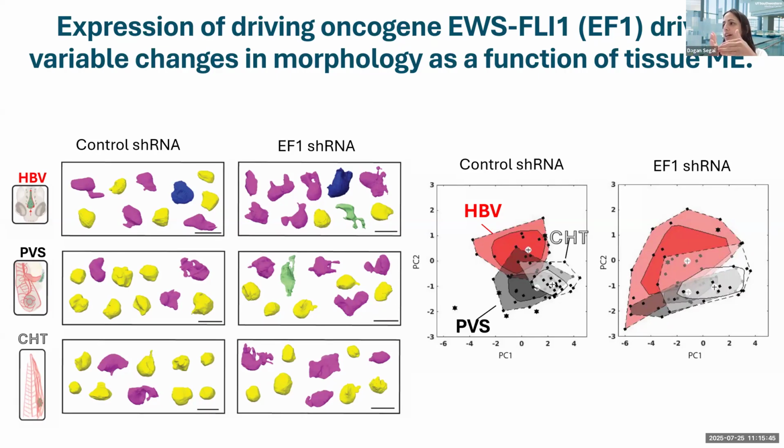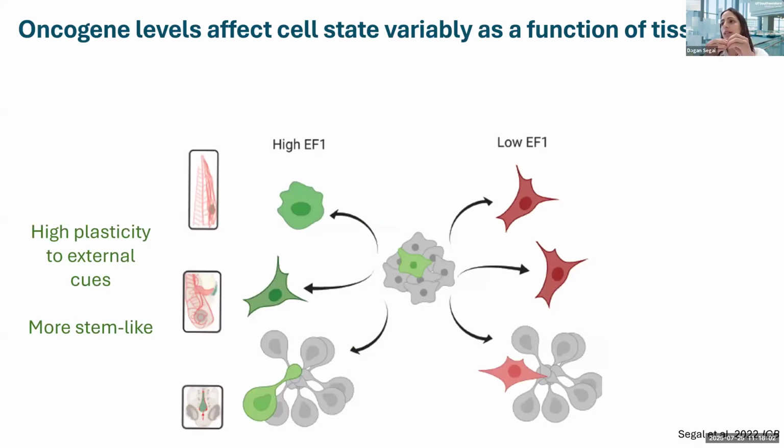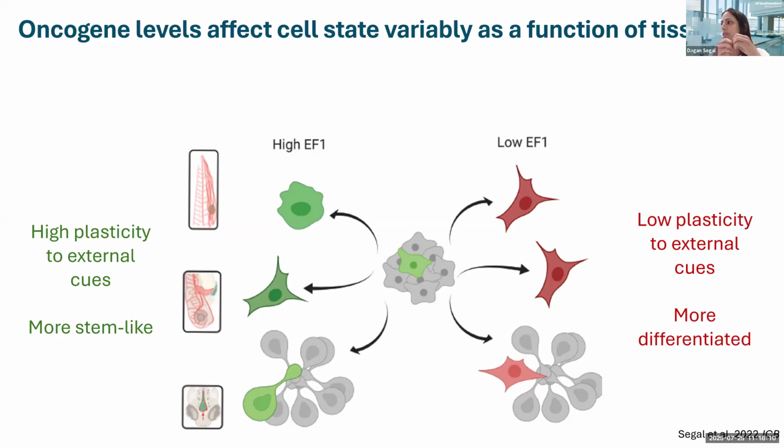But further, our observation was that it had a relative loss of sensitivity to environmental cues, because the cells became more protrusive regardless of the microenvironment in which they resided. So that led us to a model where we think that the high oncogene expressing cells have high plasticity, and that they're able to respond to these different extrinsic cues, while the low oncogene expressing cells are more differentiated with a relative loss of sensitivity to the environmental cues.